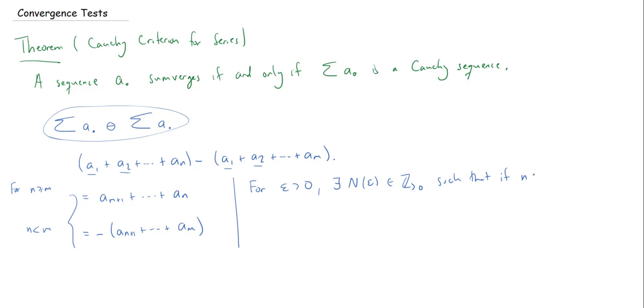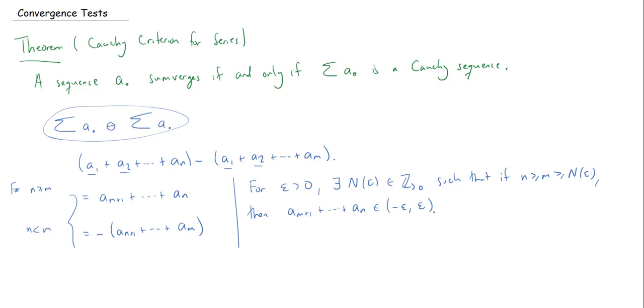such that if, for the sake of argument, I assume that n is at least m, and they're all going to be at least n of epsilon, then the things in the tail look like this difference, which comes down to a_{m+1} plus ... plus a_n, and that's going to lie in the 0 coin of radius epsilon, which is just negative epsilon to epsilon.